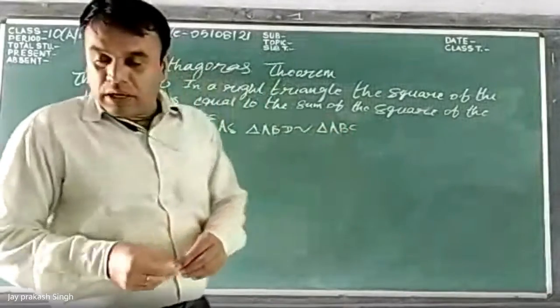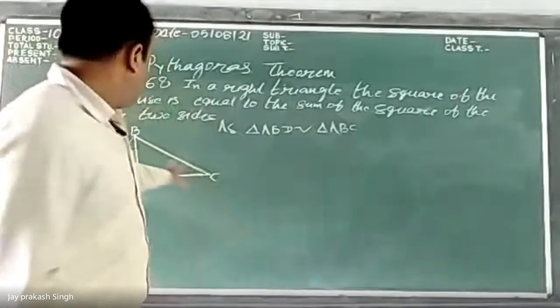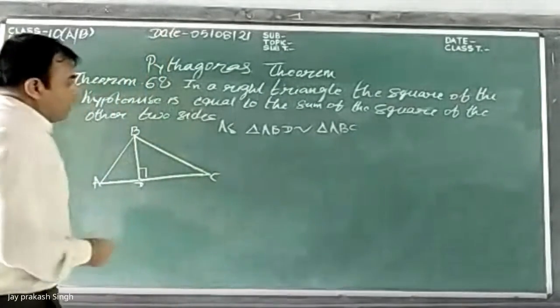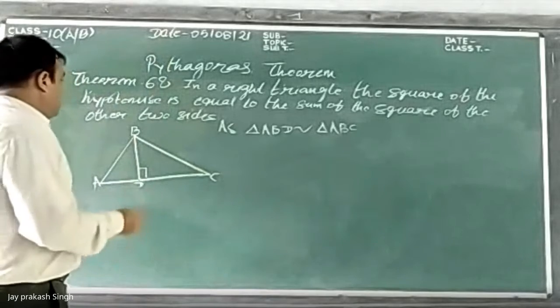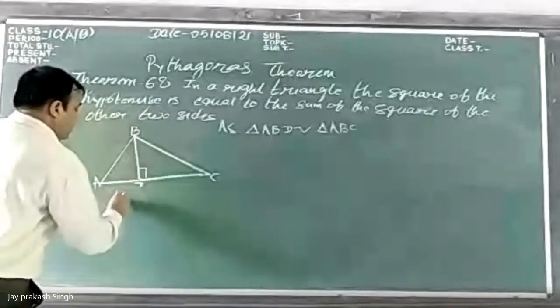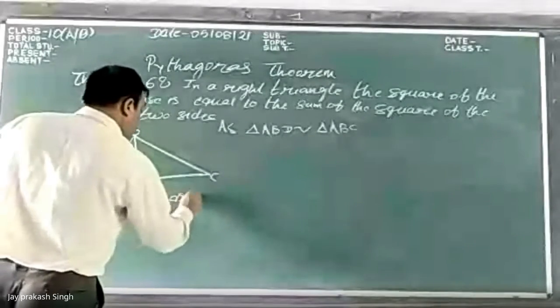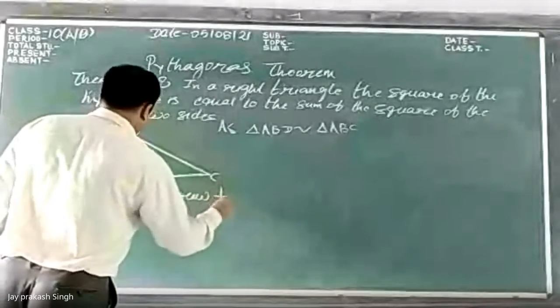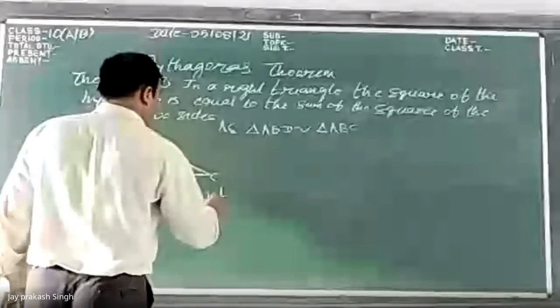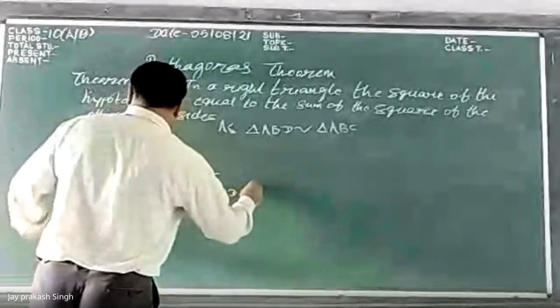We can write triangle, as we have drawn the perpendicular. Let us draw the perpendicular, that is BD perpendicular to AC.